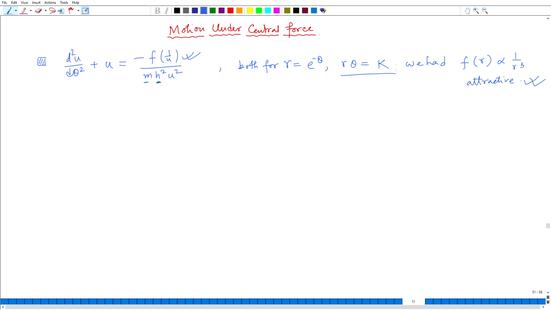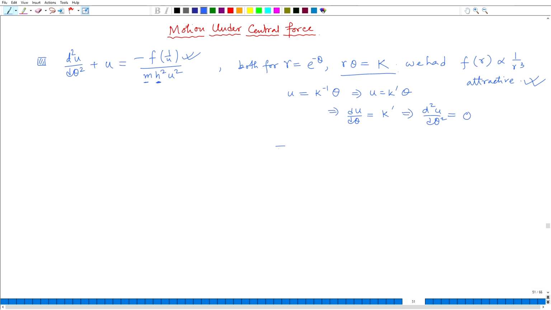For example, I said that r theta is equal to k, and that is why u is equal to k to the power minus 1 theta, and I call that u is equal to k prime theta. Then du d theta is equal to k prime and d2u d theta2 is equal to 0.